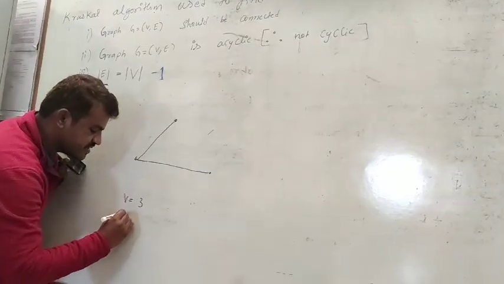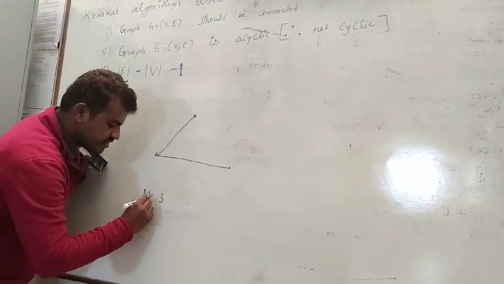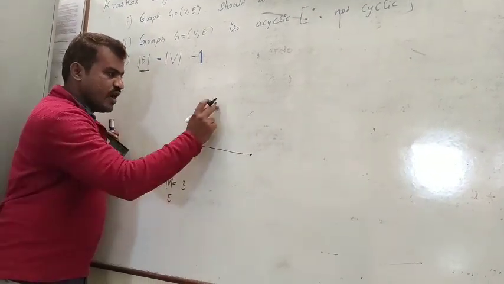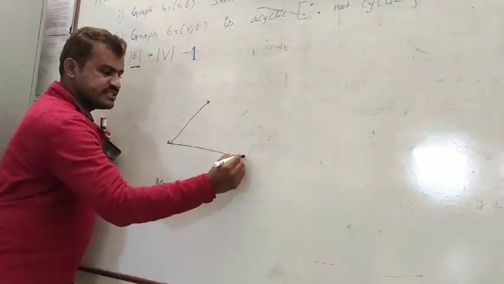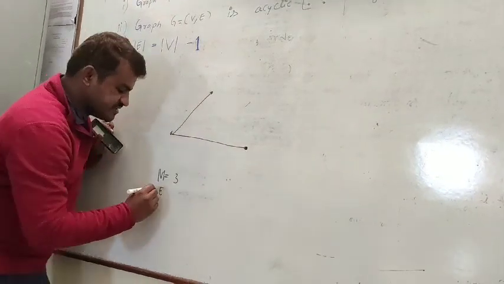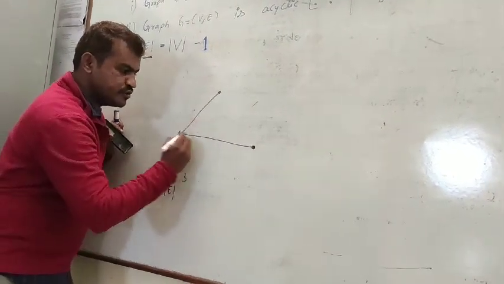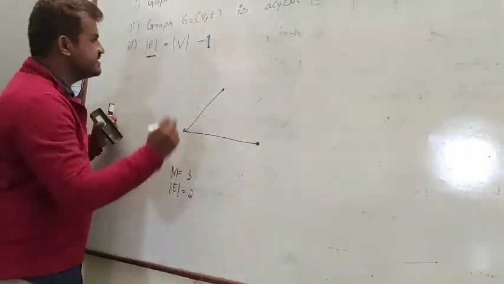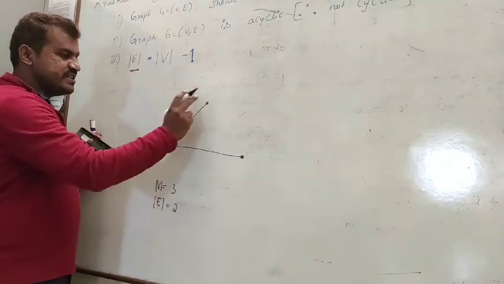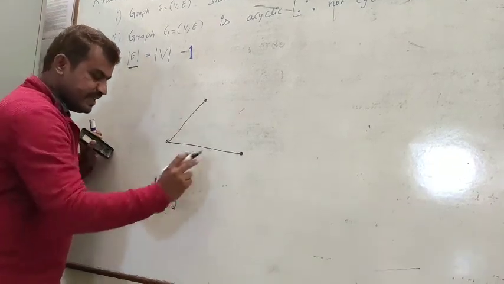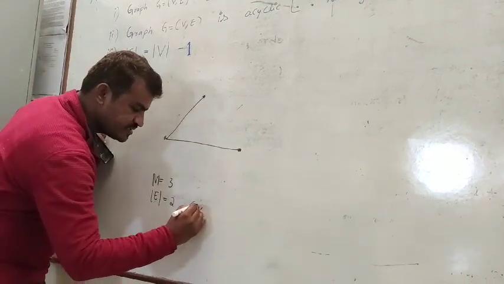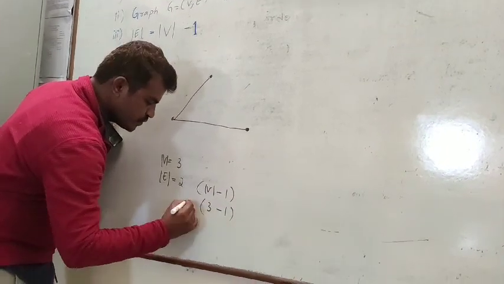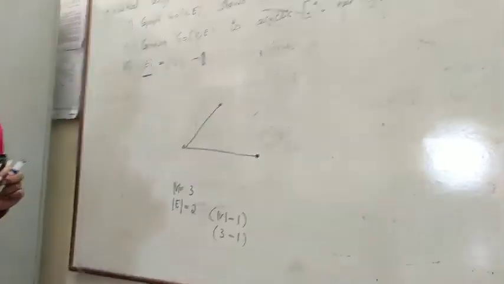Here there are 2 edges. The condition is simple: the number of edges in a spanning tree is the number of vertices minus 1. Exactly, 3 minus 1 is 2. That is the condition you have to satisfy.